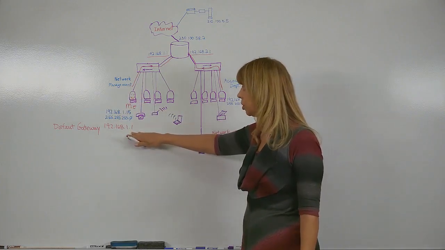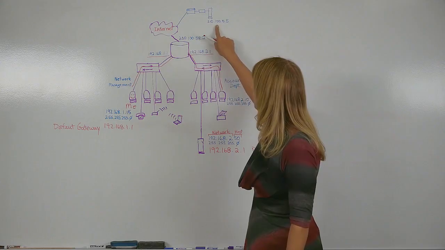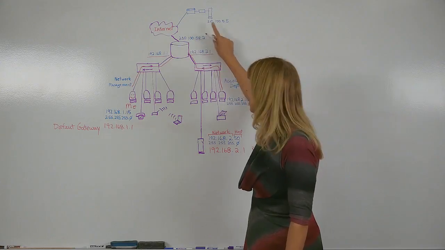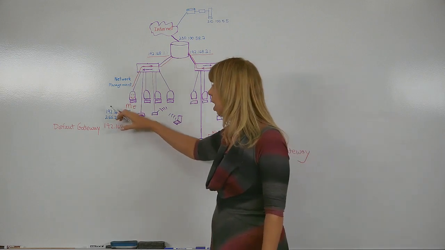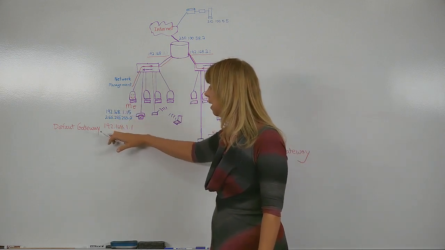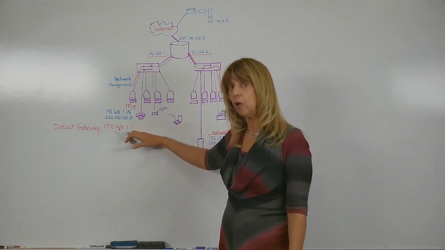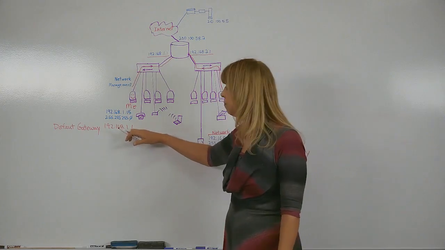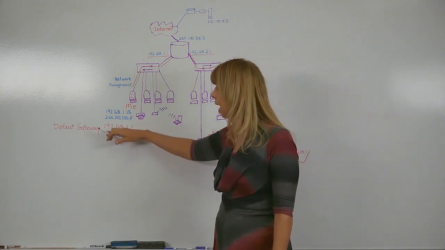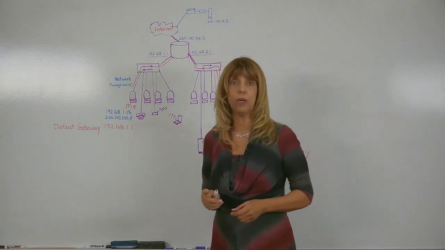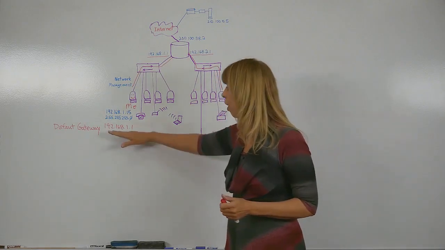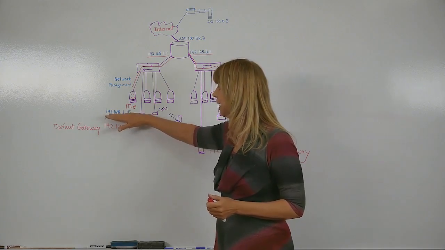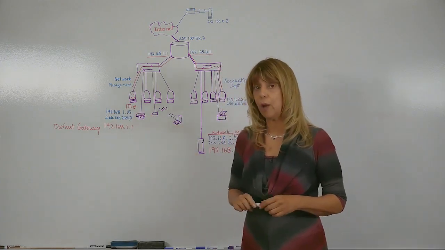Once the host determines that the address of the destination is not on its same local network, it ARPs for the MAC address of the default gateway. This is important to remember because one of the problems that you find in networks frequently is that a mistake is made and the default gateway address is not on the same local network.